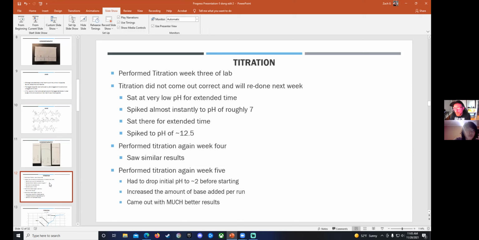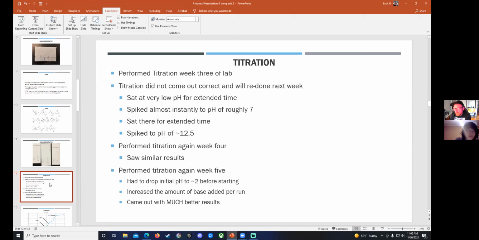It took quite a large amount of sodium hydroxide to get it to even do anything, for the titration to even begin, essentially. Once I put in a large amount, probably at least a couple hundred microliters, using the micropipettes.